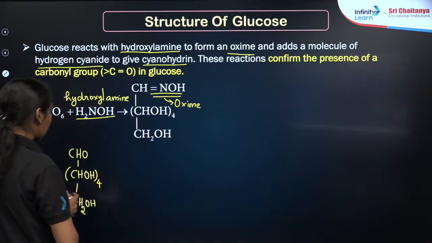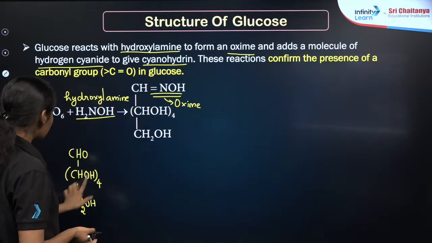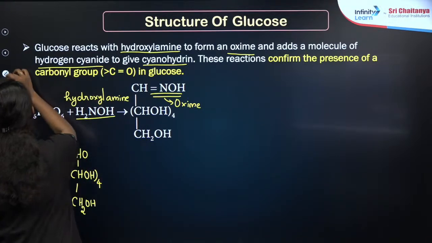This will be our glucose molecule. It contains an aldehyde group here, CHO, then CHOH four times, then CH2OH.